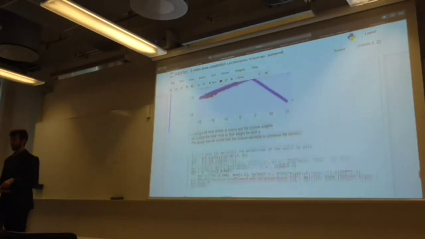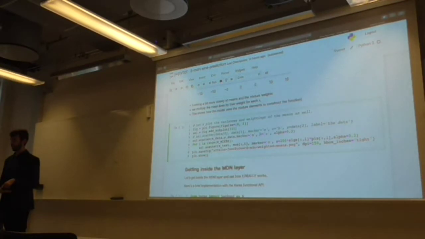But one more example, I think I've got the means here. Yeah, I've got the means multiplied by their standard deviation and pi. I don't know why I've got standard deviation there, but just the pi is what I really want. So this shows us the means and the weighting of each mean at different parts of the plot.